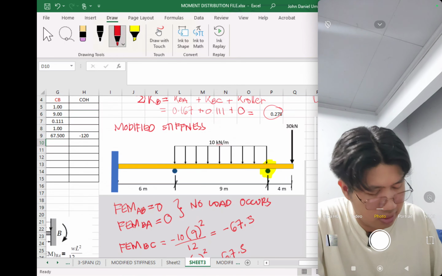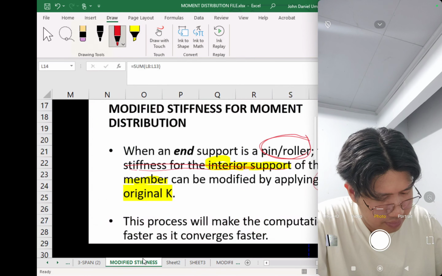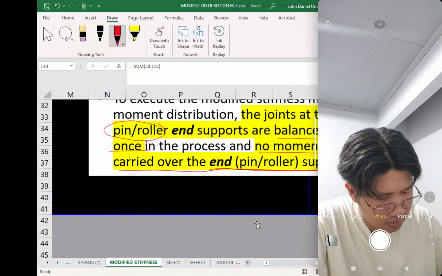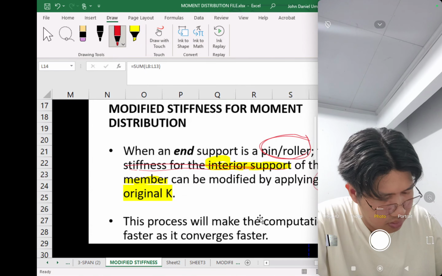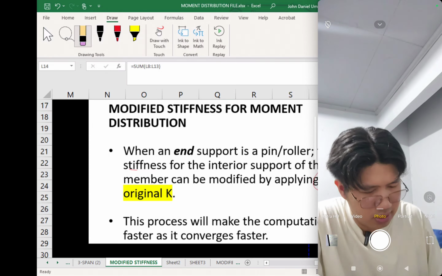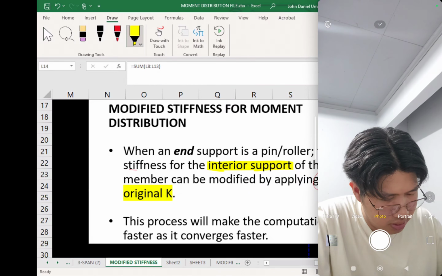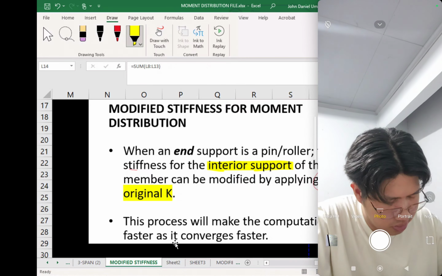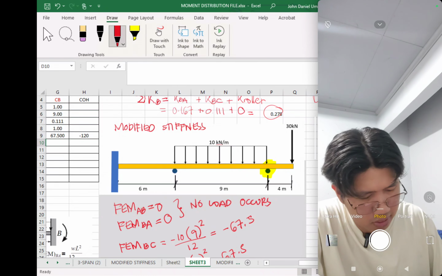Okay? So, sino yung modify natin? Yung interior support na member na yon na merong end support na pin or a roller.